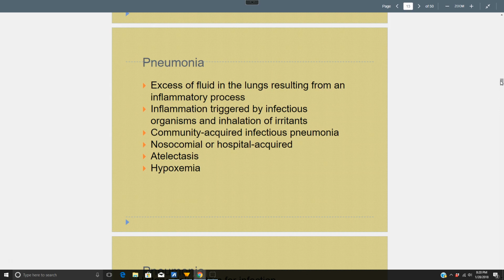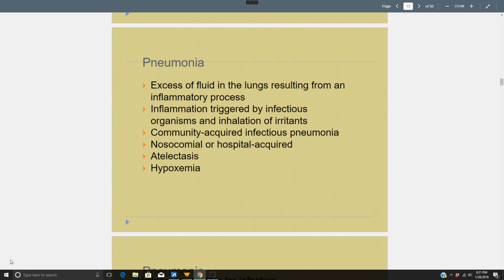We talk about pneumonia being either community-acquired or hospital-acquired, with hospital-acquired pneumonia more likely to be resistant to some antibiotics.